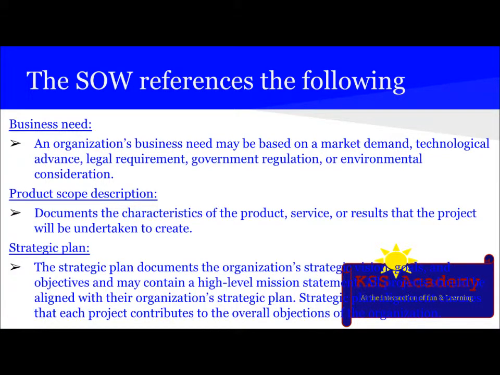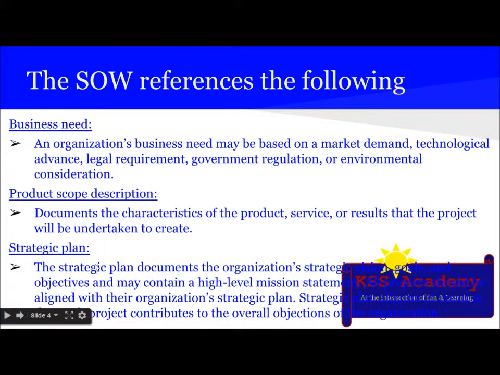What does strategic plan mean? The strategic plan documents the organization's strategic vision, goals, and objectives. May contain high-level mission statement. All projects should be aligned with their organization's strategic plan. A strategic plan aligned on each project contributes to the overall objective of the organization.